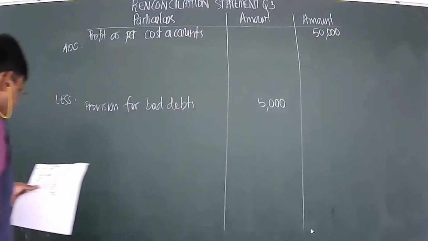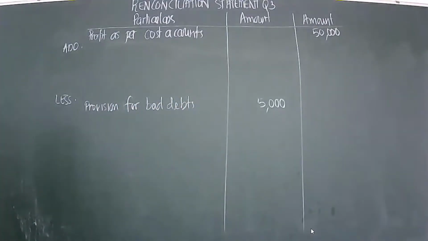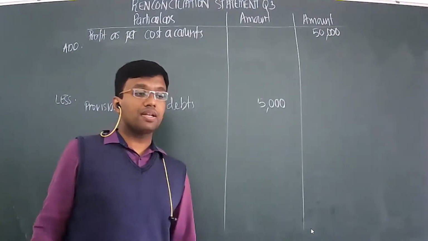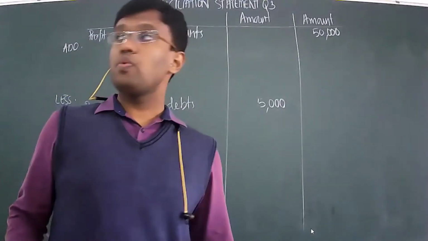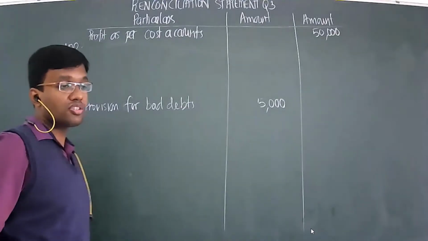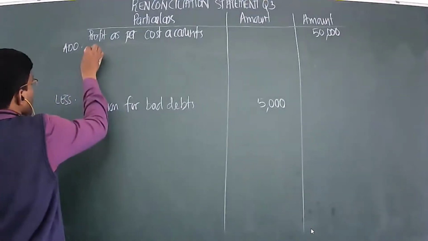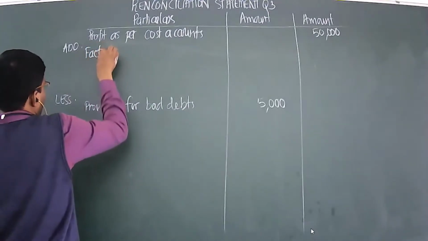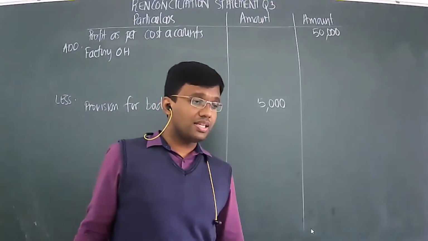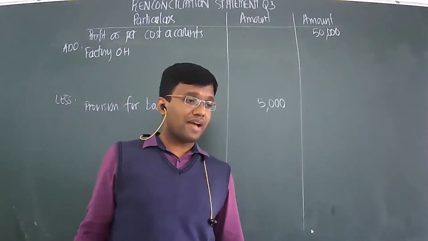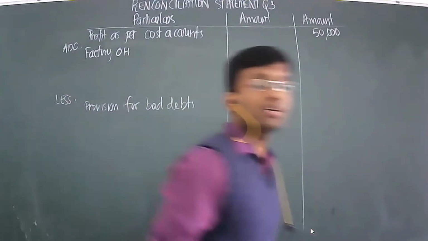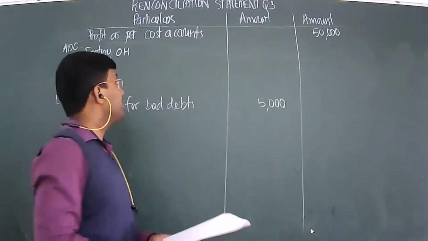Then you have factory overhead. Now what has happened is there is a disagreement between the factory overhead that is reported as per cost accounts and financial accounts. So factory overhead as per cost accounts is 8,500, and the factory overhead as per financial account is 7,000, because of which there is a difference between the amount.